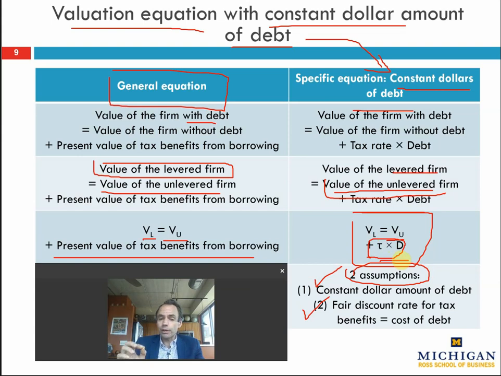So we don't want to do that. The tax rate times the amount of debt is the present value of all of the tax deductions on interest forever, assuming a firm takes on a dollar amount of debt which remains constant, in this example $20 billion, and we assume that the fair discount rate for the present value computations is the cost of debt itself.